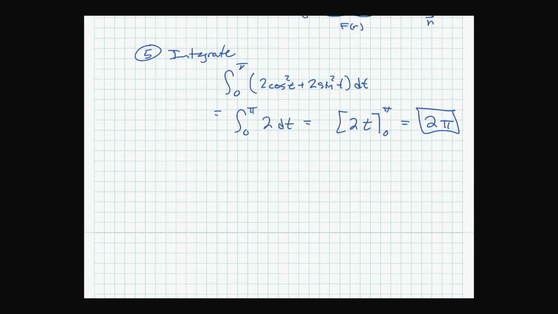So let's do one more of these. Actually, I'm probably just going to set up the integral.